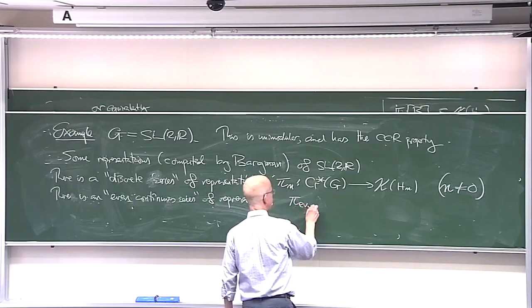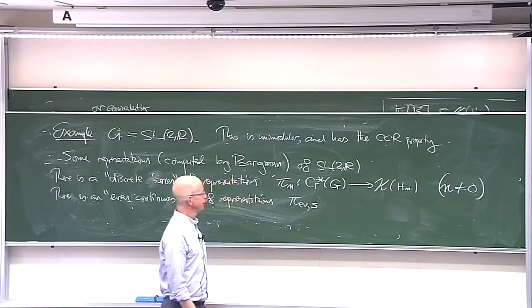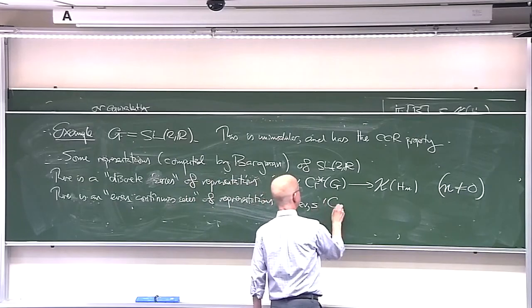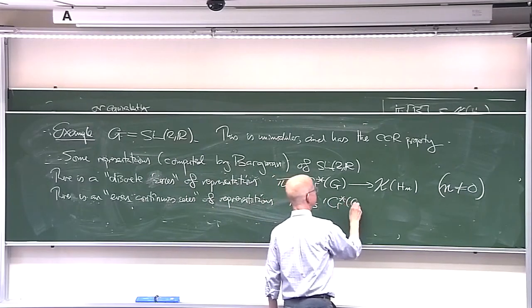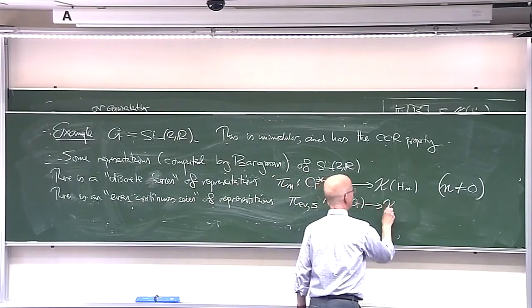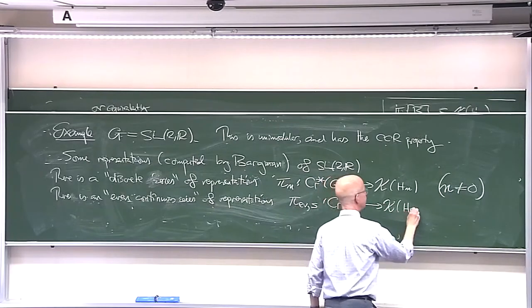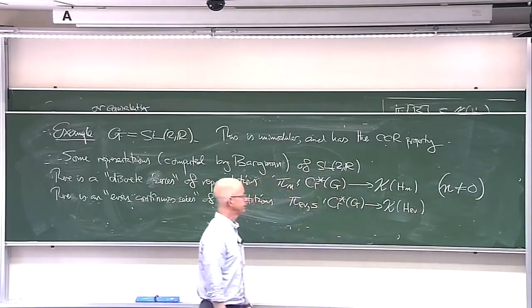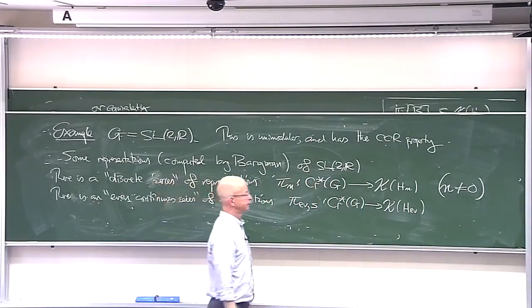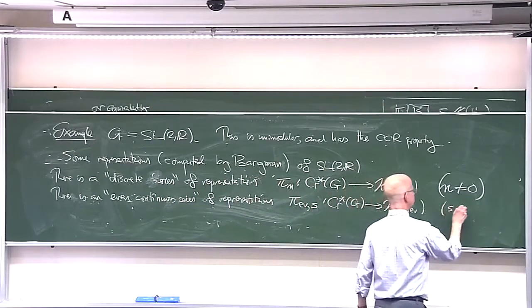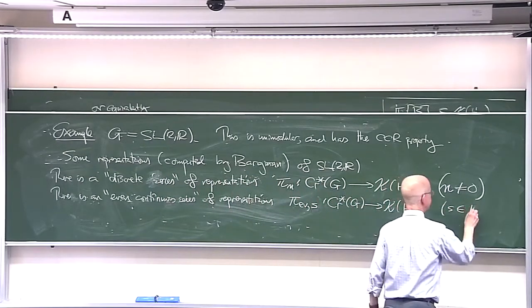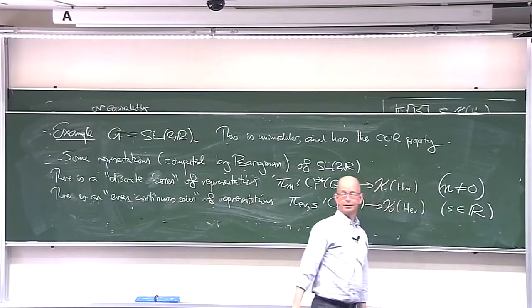I'll put even for even, and then there's a continuous parameter S. They're all representable, and they vary in a continuous way on a single Hilbert space, which I'll call H even, like that. And S here is any, let's say, real parameter.